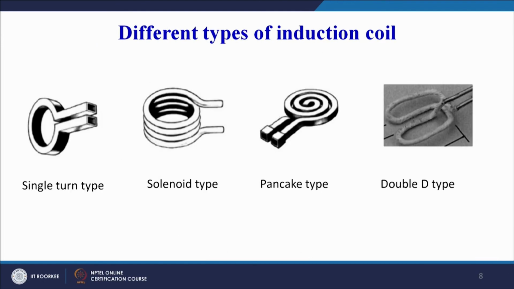Different types of induction coils can be used. We can have a single turn type, solenoid type of induction coil, pancake type, double D type. So students who stay in hostel may have seen the solenoid type of coil which is used for heating water in our domestic applications.